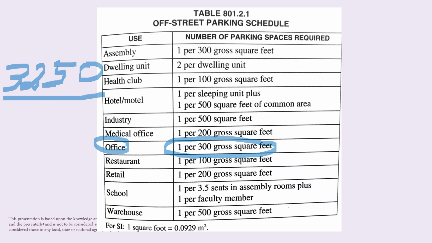So we're going to take our 3,250 dimension and divide by 300 so we can find out how many parking spaces we need. When we do our math, we're going to come up with a number of 10.833.